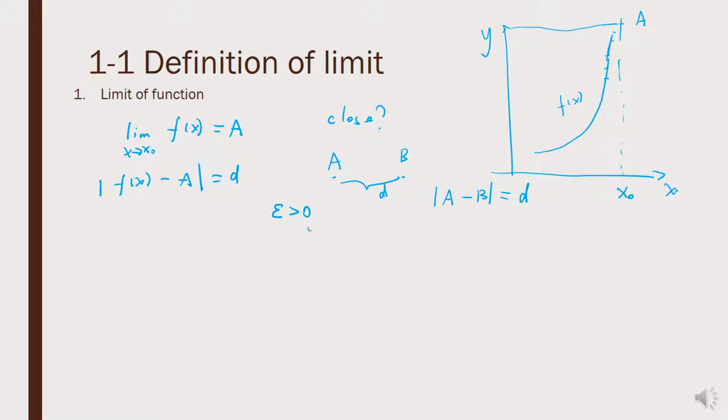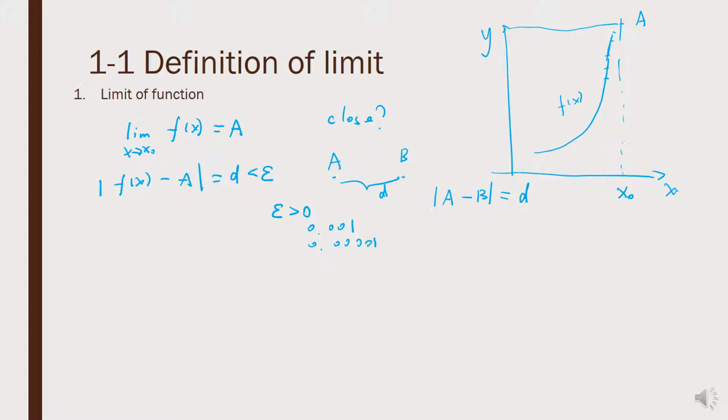You can imagine it could be 0.1 or 0.001 or 0.00001, always very small, right? However, such distance between f(x) and a could always be smaller even than the small number epsilon. Alright, so that's how we describe the trend in the language of math.